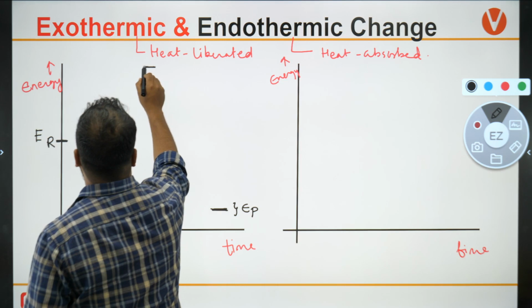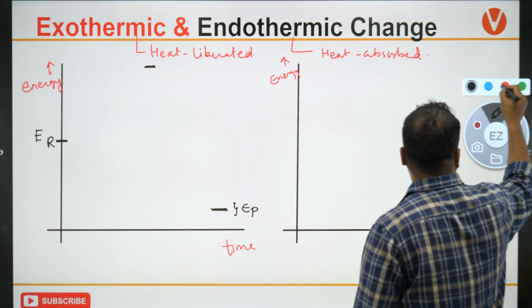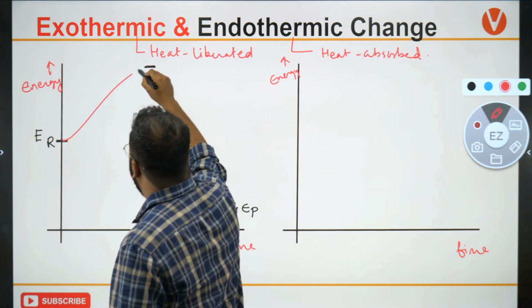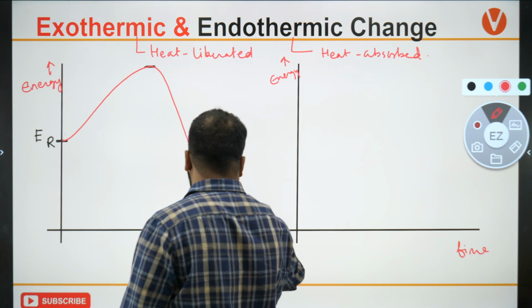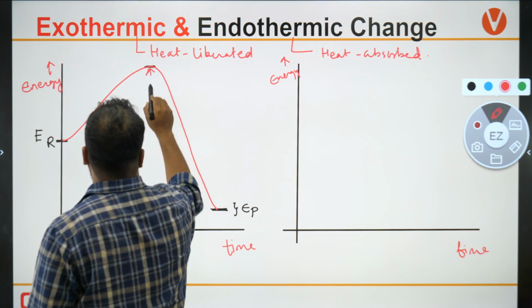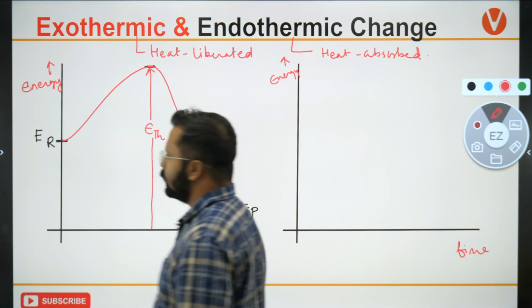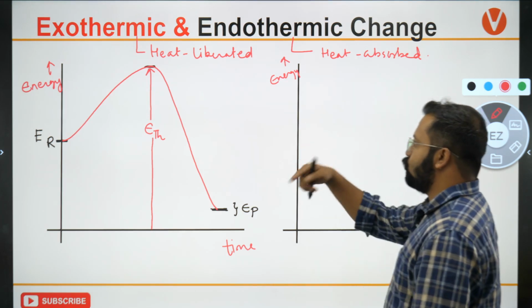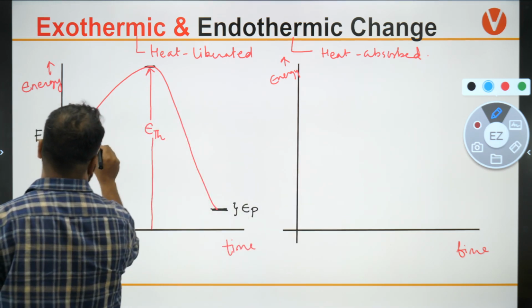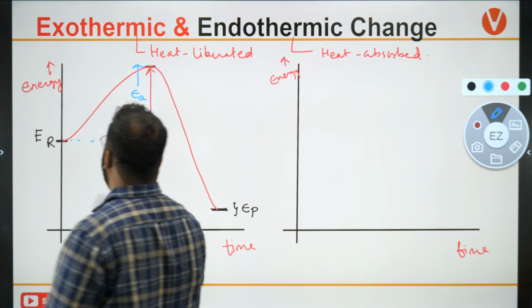I would have a threshold energy barrier because for all reactions we have a threshold energy. So this is a threshold energy barrier. The plot will look like this. This is threshold energy. The extra energy the reactant requires to cross the threshold energy barrier is activation energy.